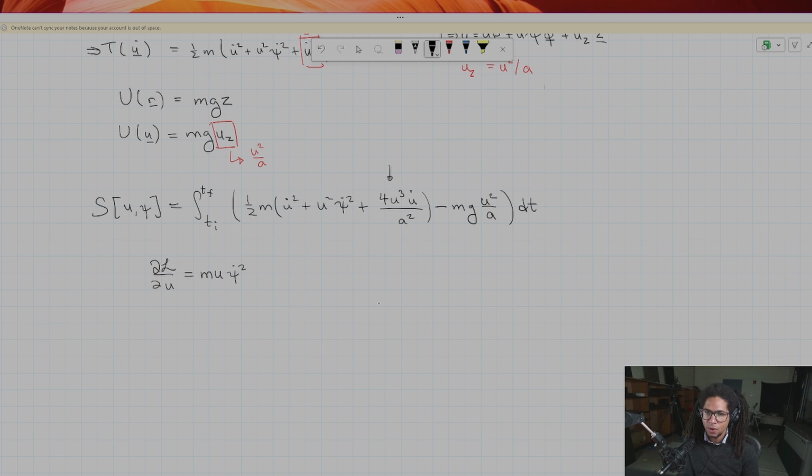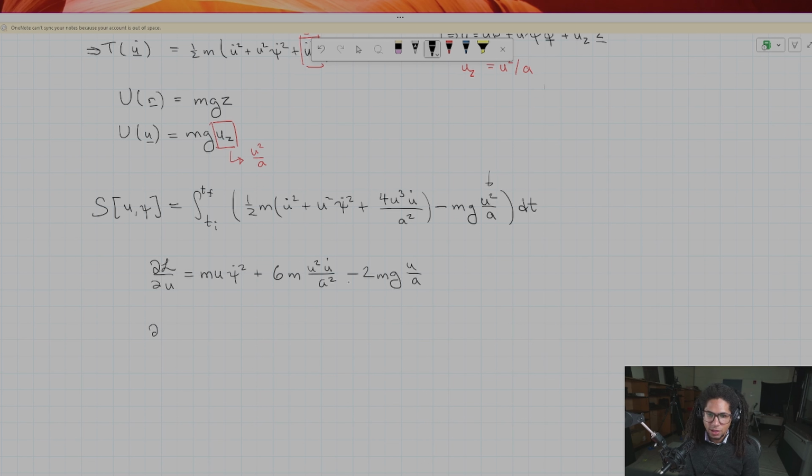Then I'm going to multiply that 2 with a 3 to give me a 6 m u squared u dot over a squared. Then I get a minus sign. So this 2 here cancels with the half here. So we get minus m. Oh, and this doesn't multiply that half, sorry. Minus 2 m g u over a. Great.